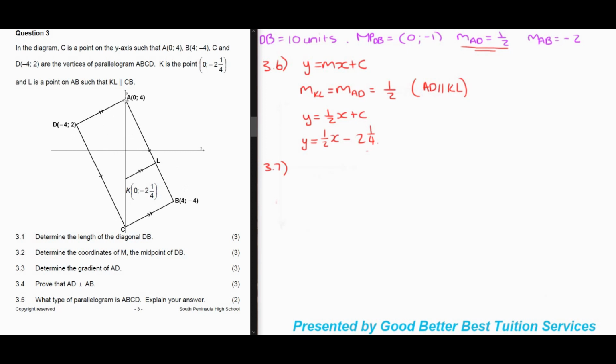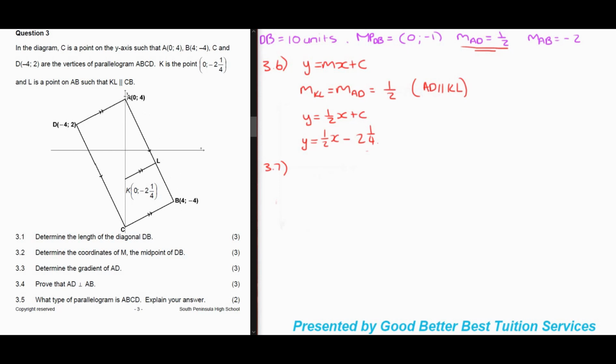At the top, the highest point of the line AD is (0; 4). And at the highest point of the line BC, it is (4; -4). Now let's look at how they move from their highest point to their lowest point.